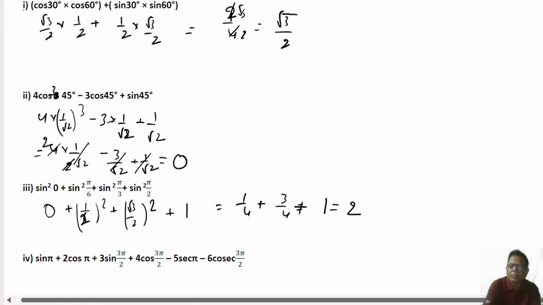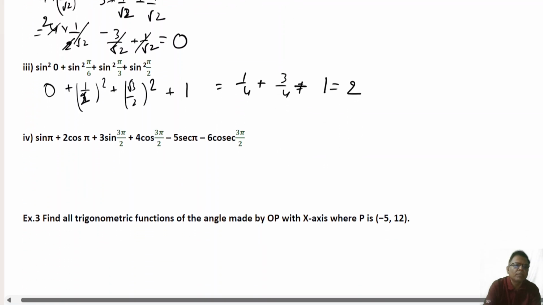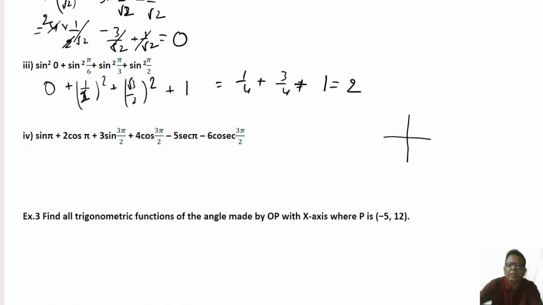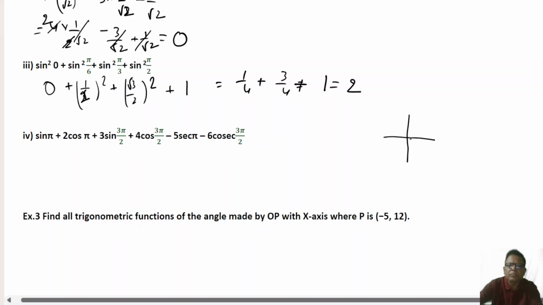Now come to the next question. Sine pi. So how we will calculate the sine pi? So see, actually for calculating any value, you have to calculate up to this and use the above formula. So first sin pi.